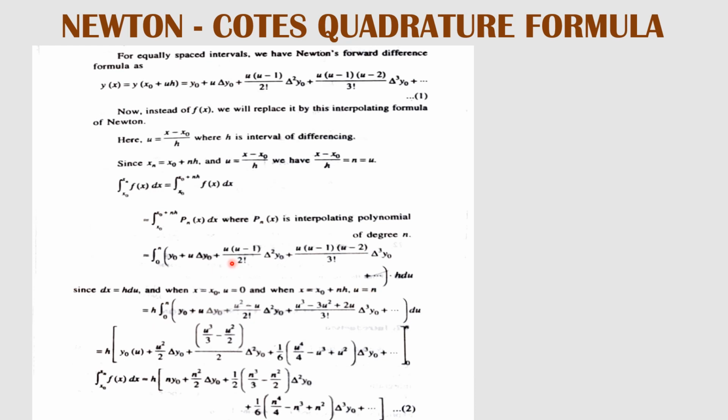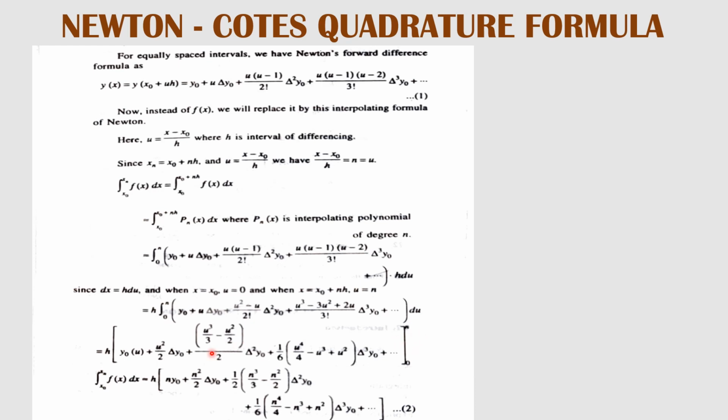And therefore, this integral can be rewritten as h integral 0 to n. Now we are going to replace everything in terms of u. So y0 plus u del y0 plus u squared minus u by 2 factorial del squared y0 plus etc., integrated in terms of du. Now, after integration, you will be getting this expression where you apply the limits between 0 and n.